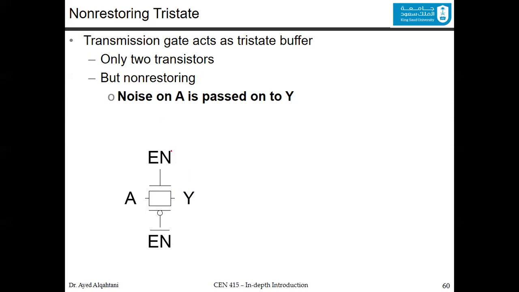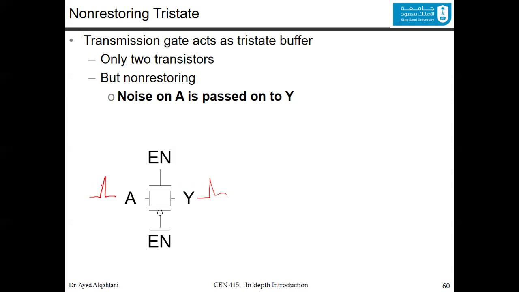This tri-state buffer design is called a non-restoring tri-state. And the reason for this naming is because if you have a noise, let's say we have a glitch in the input, this glitch will pass out to the output, which we don't actually want to pass.